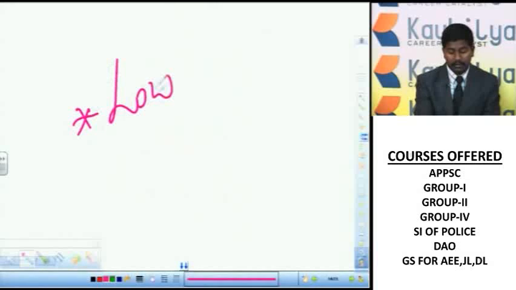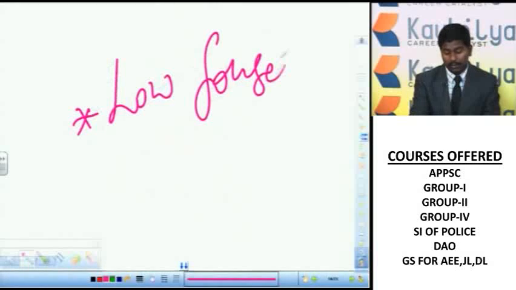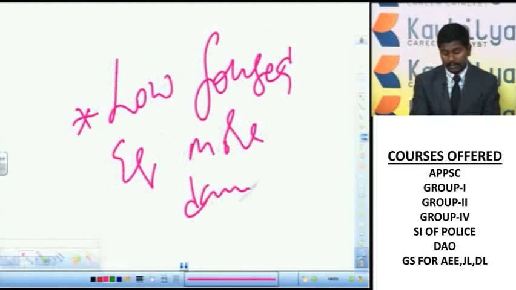Of all these three types, low focused earthquakes are more dangerous.